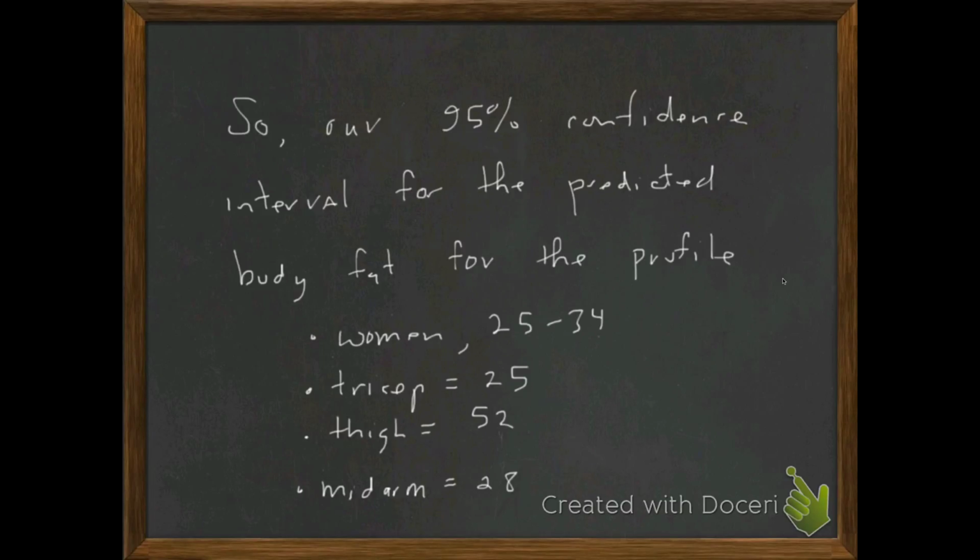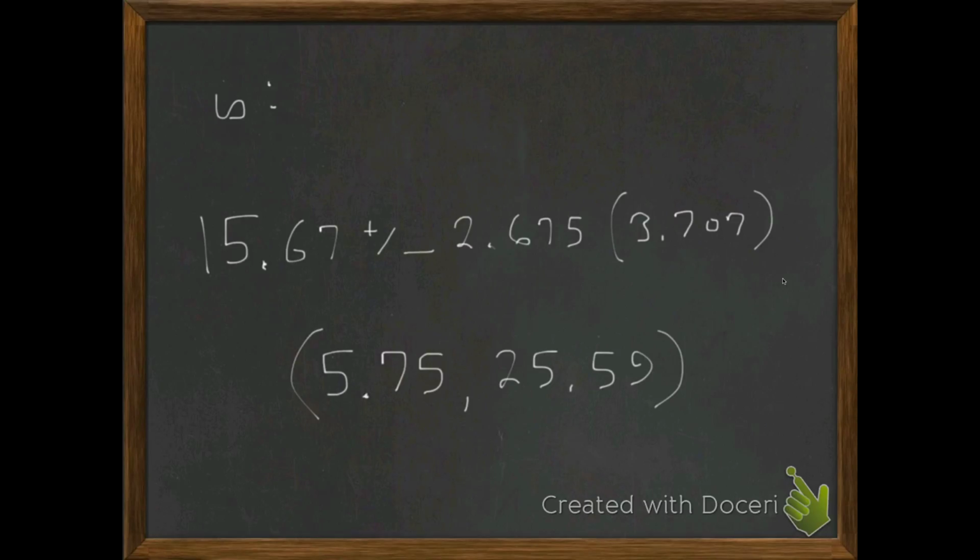So our 95% confidence interval for the predicted or expected body fat for the profile, woman 25 to 34, tricep 25, thigh 52, mid-arm 28, will be 5.75 to 25.59. So quite a bit of variation there, but we're using a small sample size, only 20 women.